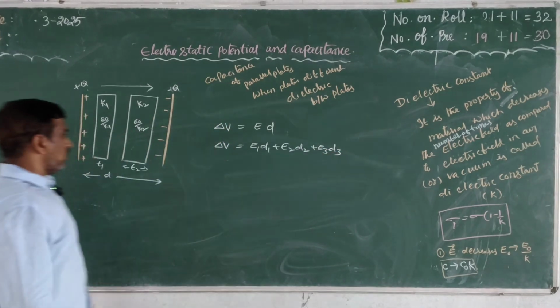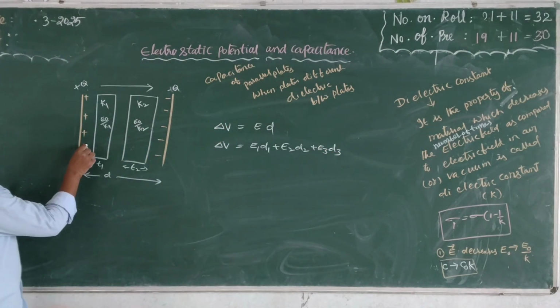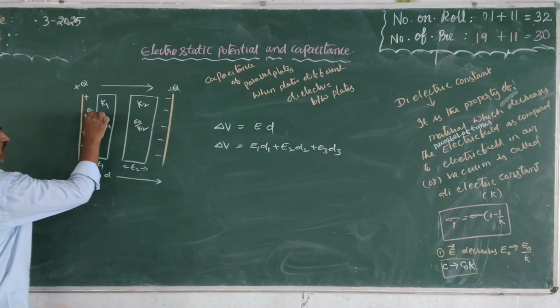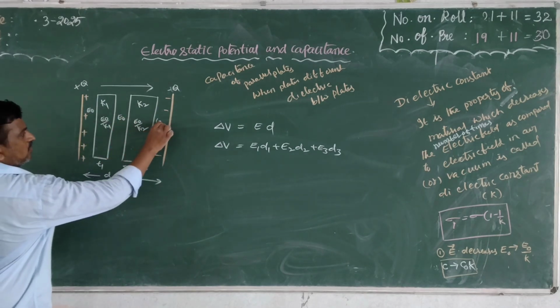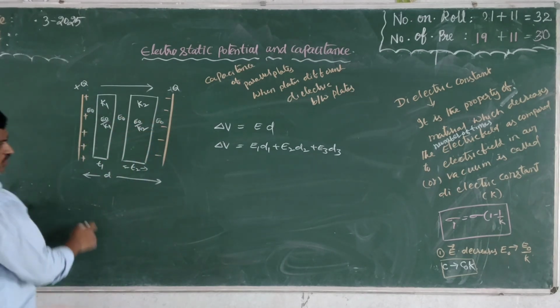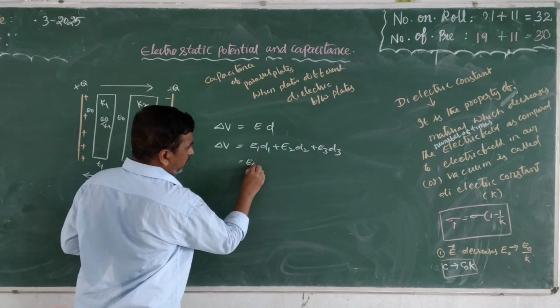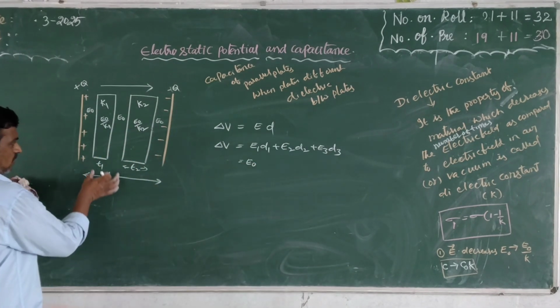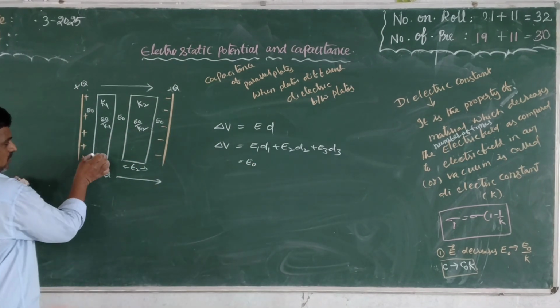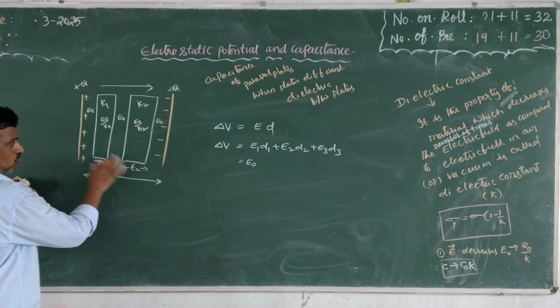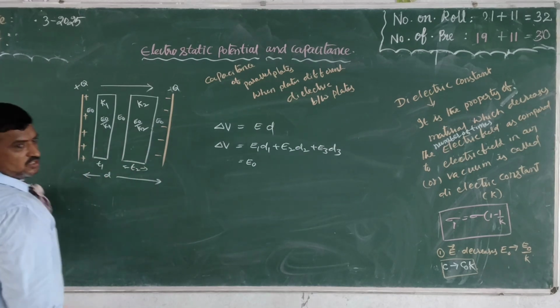E1 means E naught, and D1 is the remaining space, D minus T1 minus T2.